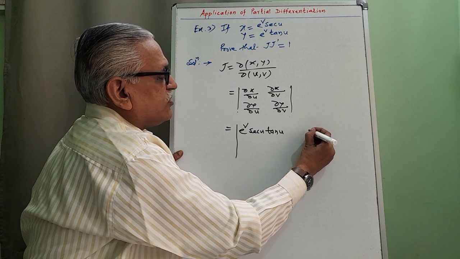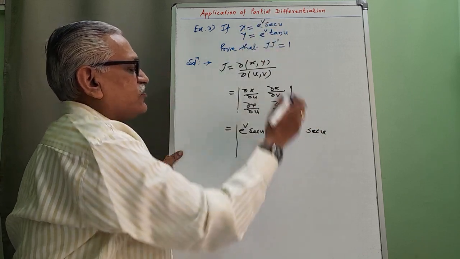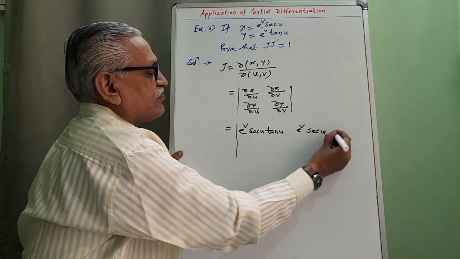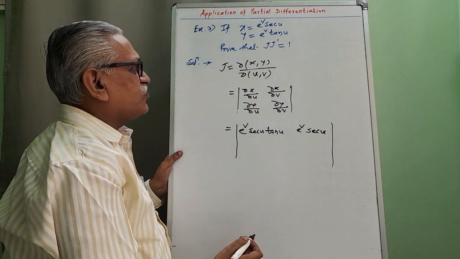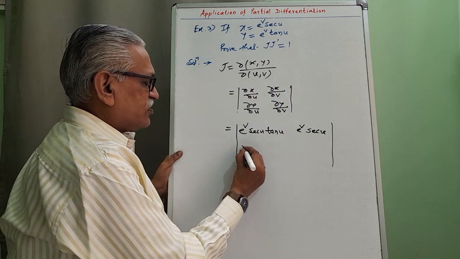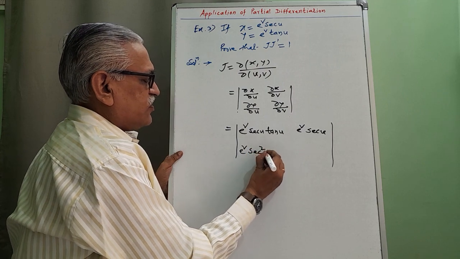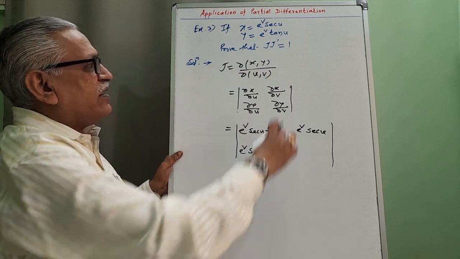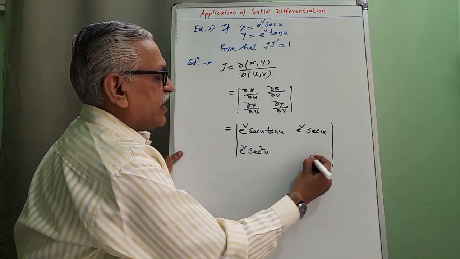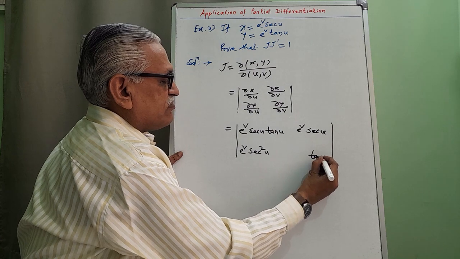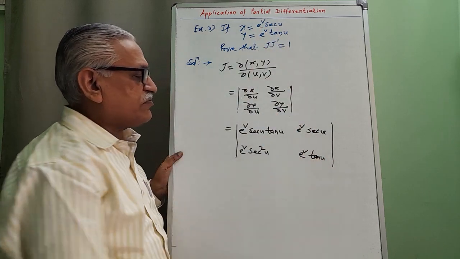This time secant u is a constant term, and the derivative of e raised to v is e raised to v. Differentiating y with respect to u, e raised to v is constant, the derivative of tan is secant square u. And then differentiating with respect to v, tan u is constant, the derivative of e raised to v is e raised to v.